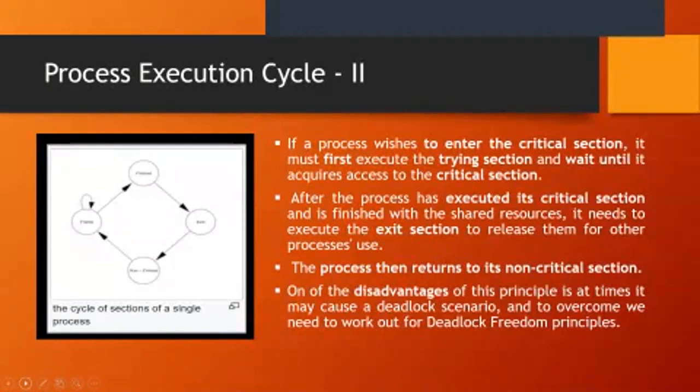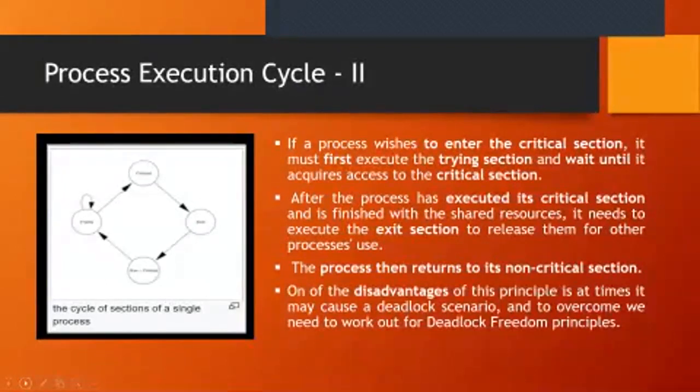Is the diagram clear to you all or not? I don't know whether the diagram is properly visible to you all. What is the program execution cycle? If a process wishes to enter the critical section, it must first execute the trying section. There are four sections shown in the diagram.